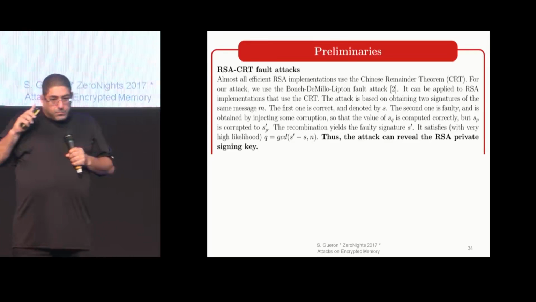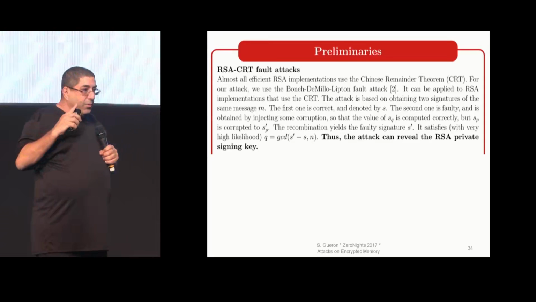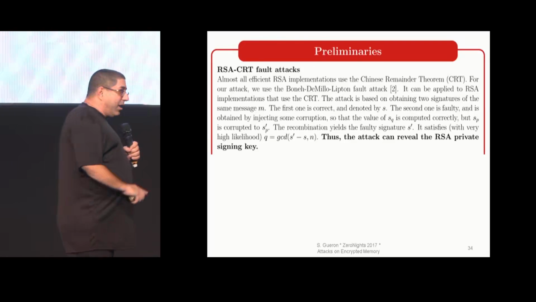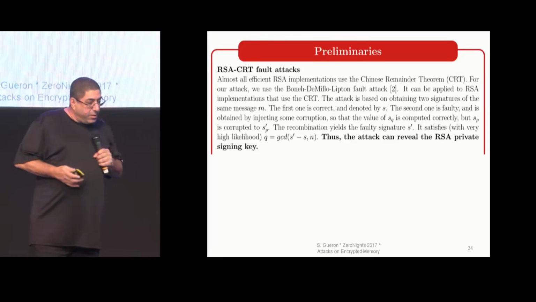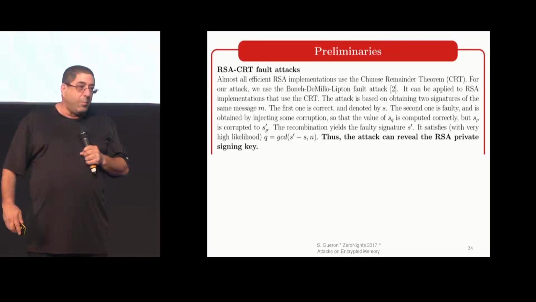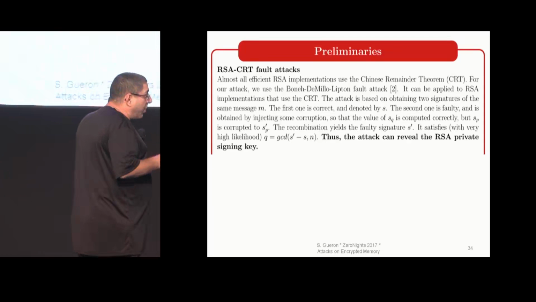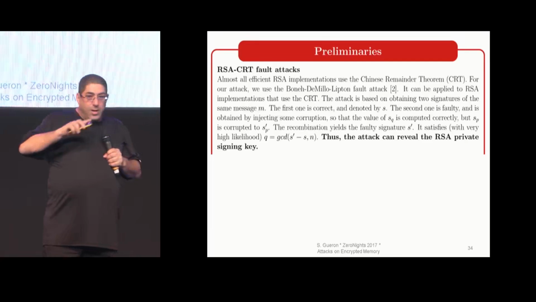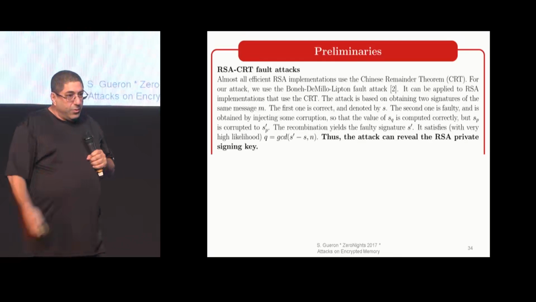And this cuts the performance by 75%. So you get a speed up of 4x. Nobody wants to give away such a speed up, so everyone is using the Chinese remainder theorem, but it so happens that if you are playing with the two secret primes and you are making a mistake in one of the exponents, then it is going to reveal the primes whose product is the public key, and you know the public key.